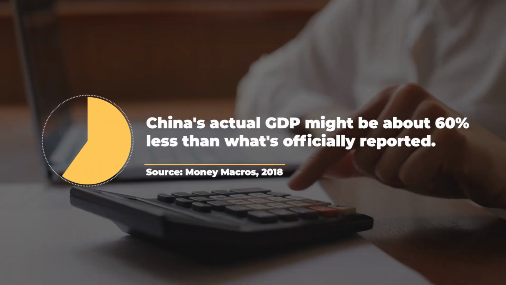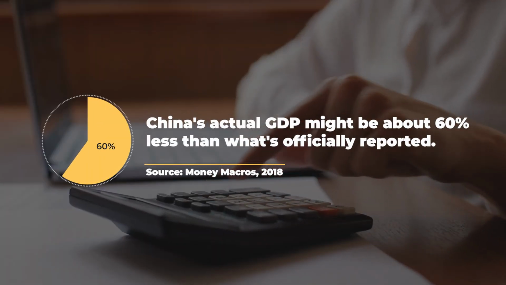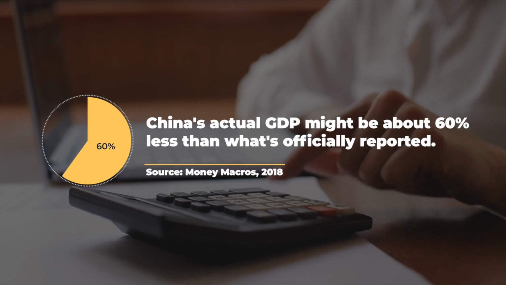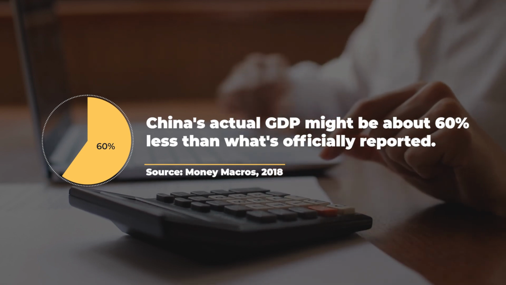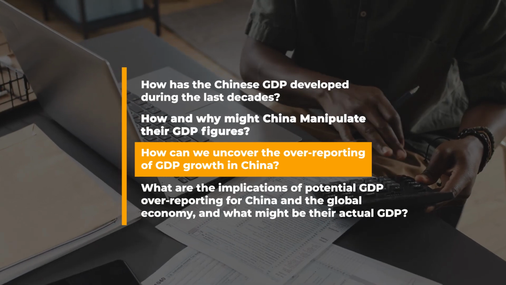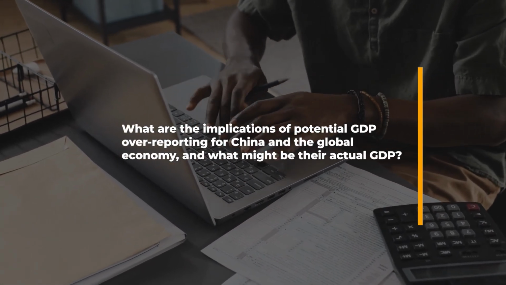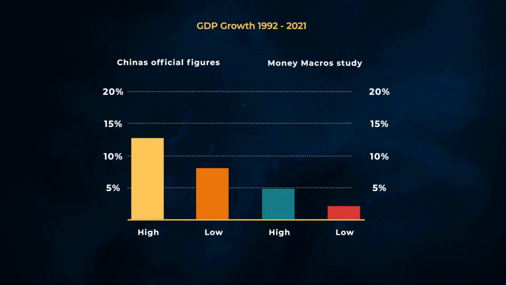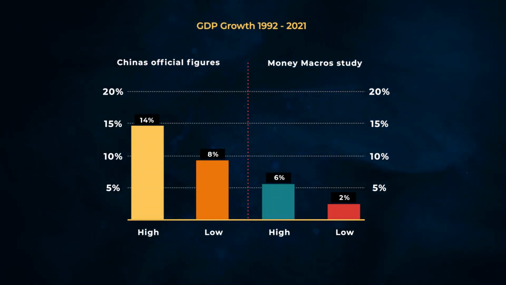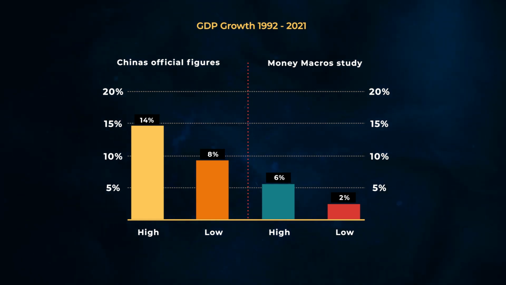Based on recent calculations by the team at Money Macros, China's actual GDP might be about 60% less than what's officially reported. Using Martinez's research as a foundation and extending it to 2021, they observed an intriguing pattern. From 1992 to 2021, China reported a consistent GDP growth between 14 and 8%.